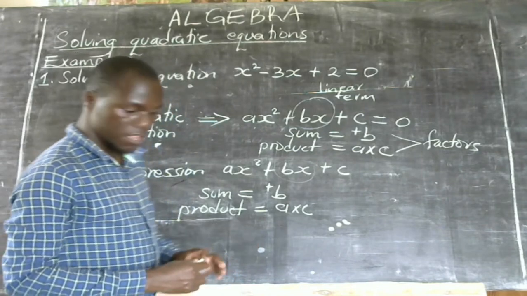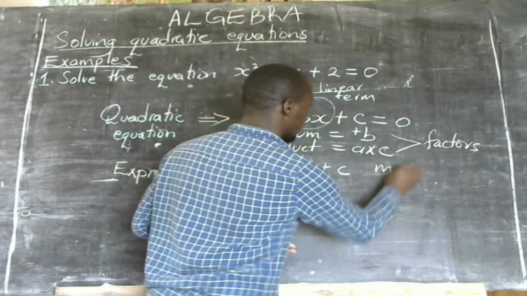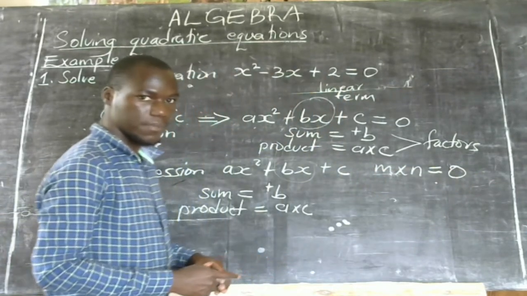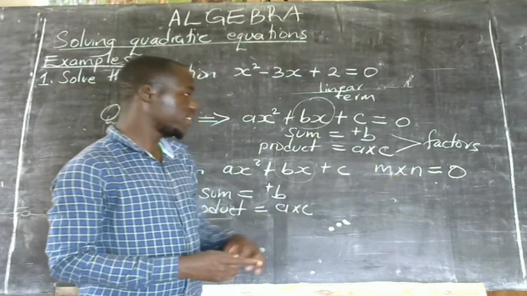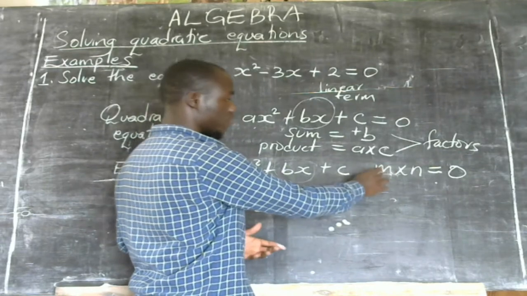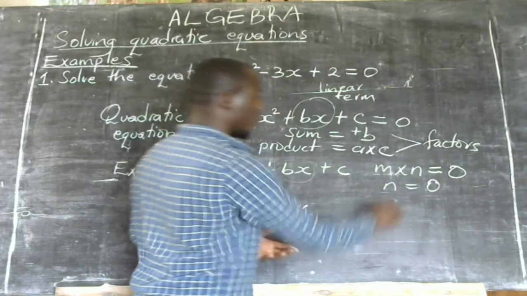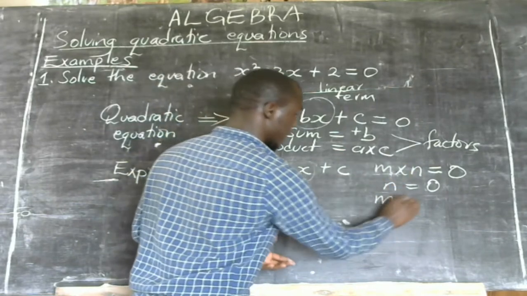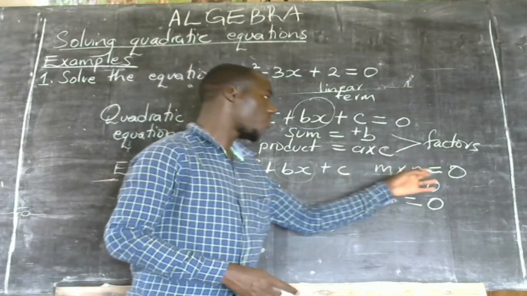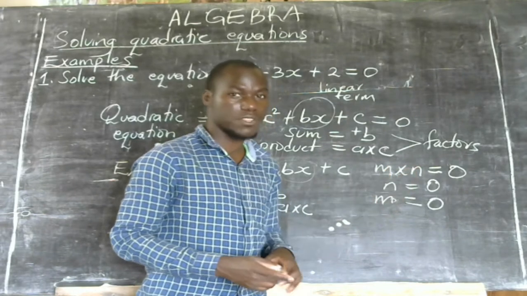Then from there we shall have an equation which is of the format m times n is equal to 0. So if we have that, we shall say that for m times n to be 0, either m is 0, or n is 0, or both of them are 0.